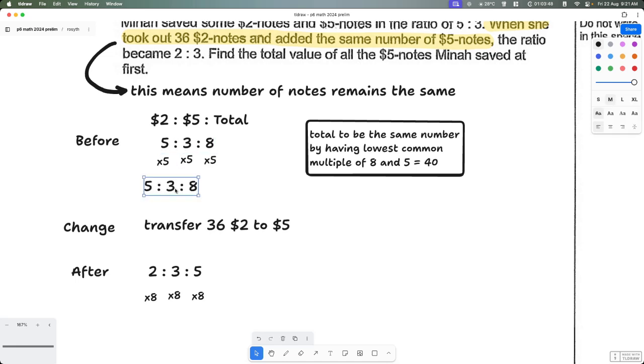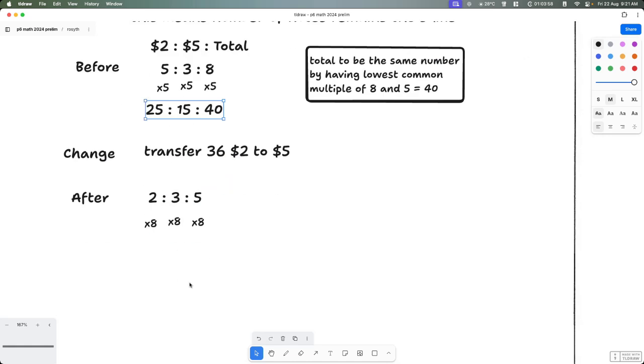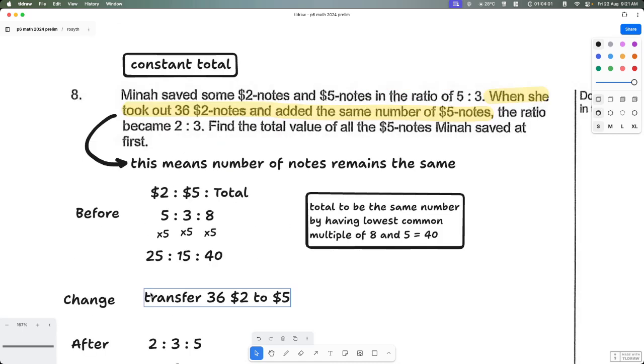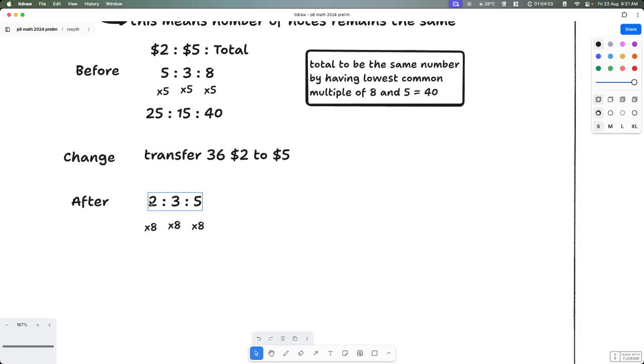So for this 5:3:8 becomes 25, 15, and 40. Then for the after, 2 is to 3, 5 is to 3, this will become 16, and then 3 is 24, and this is still 40.